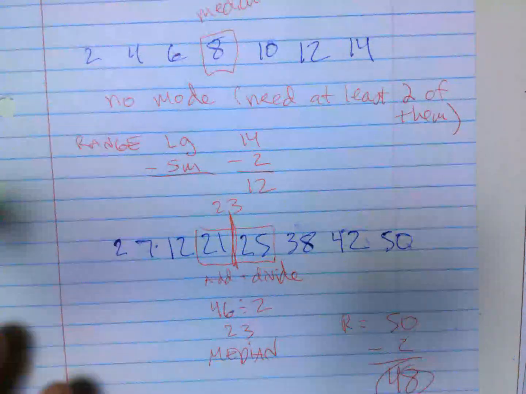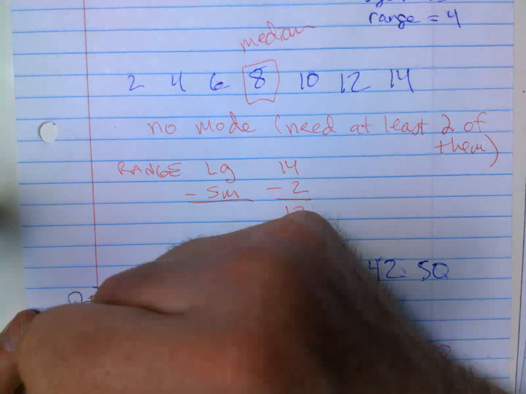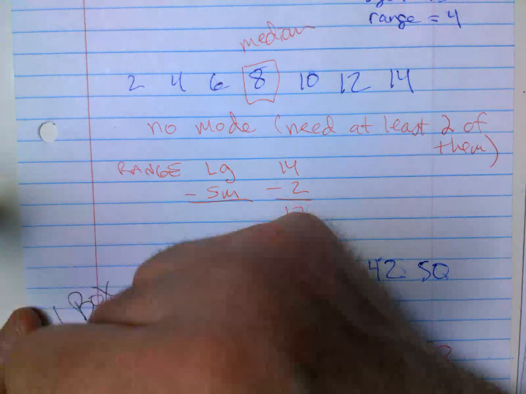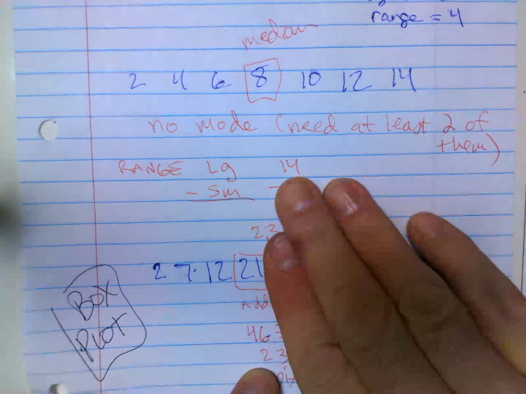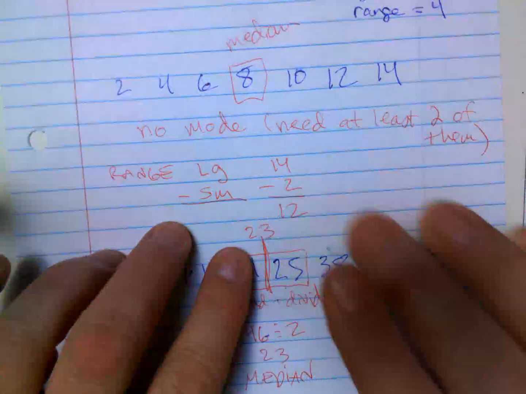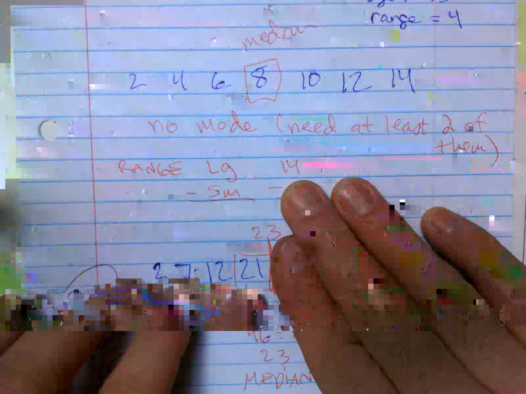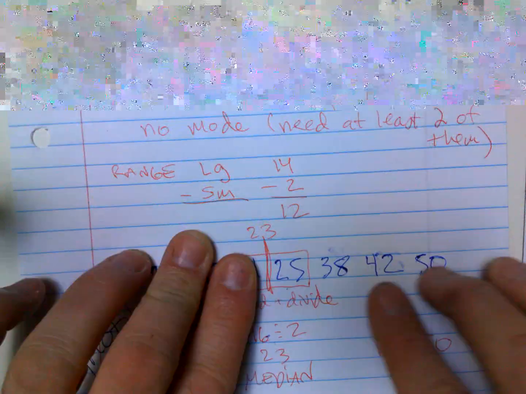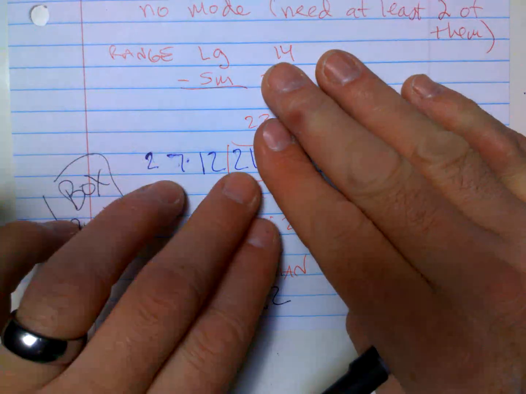So now if we are going to do a box plot, to make a box, 21 or 25 as the median. So that 21 is still there with this data, and the 25 is still there with this data. So now the median is technically also the Q2. All right. So I want to find the middle between 2, 7, 12, and 21.